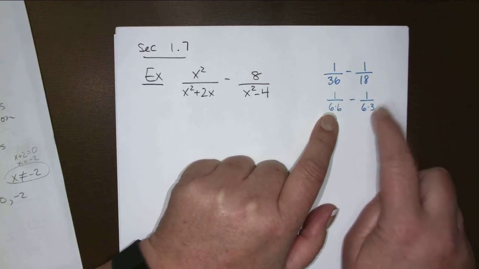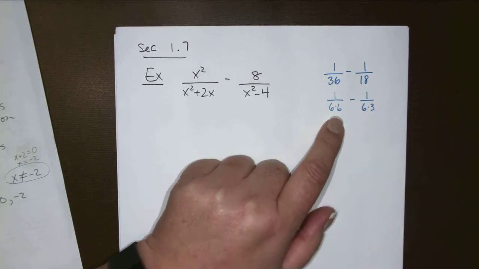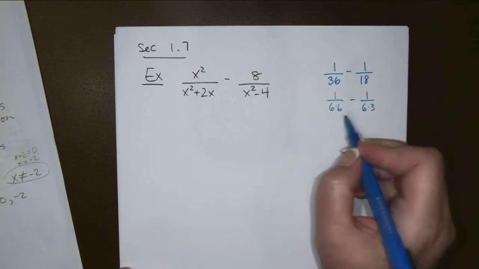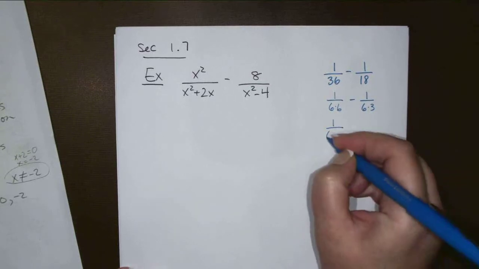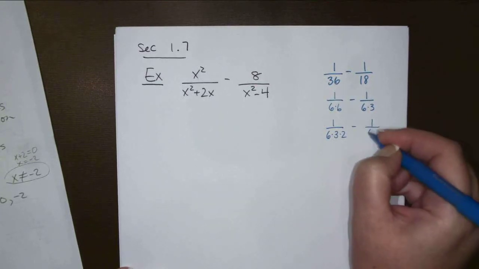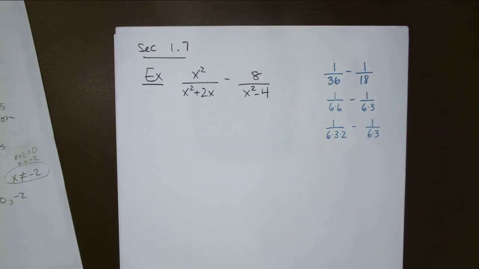So do we multiply this one by 6 and this by 3? No. Do they break down further? It's good to say yes. Yeah, actually they do. What's the 6? We could say this is 3 and 2. Do you agree? So actually they've both got an 18 already in them.